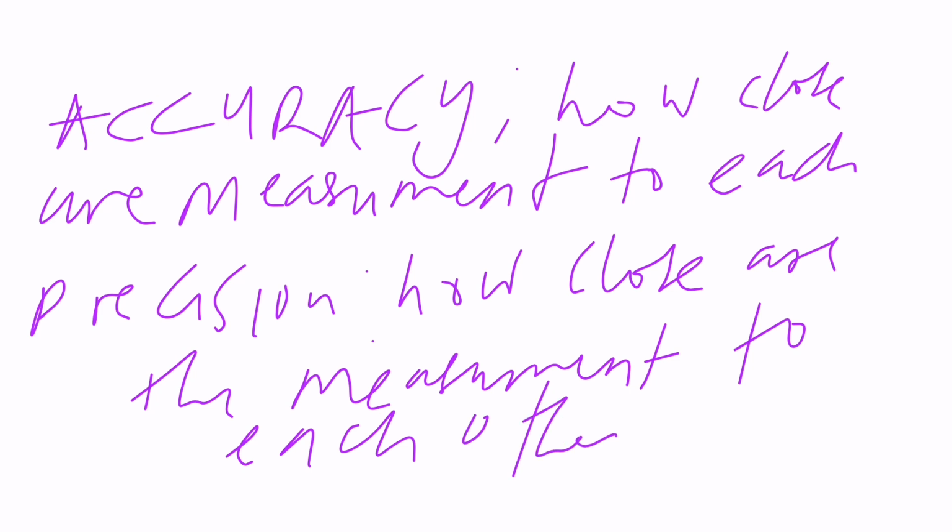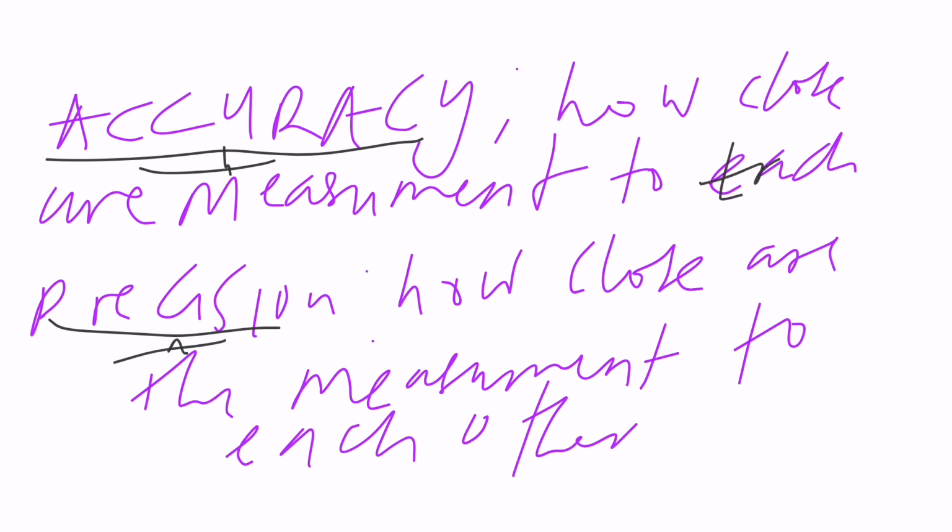That is what we call precision. How close are the measurements to each other? Accuracy deals with the true value. How close are the measurements to the true value? That is what we call accuracy. That is the thing we need to know on accuracy and precision.